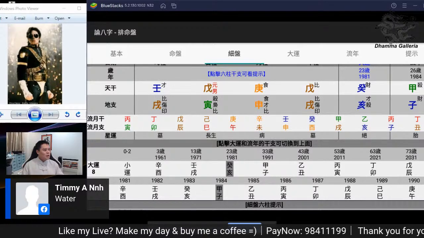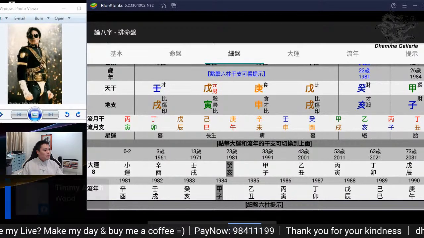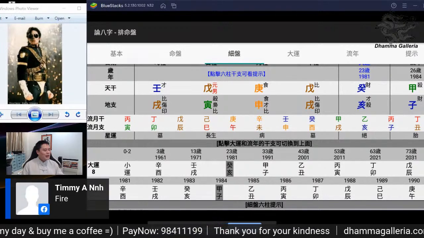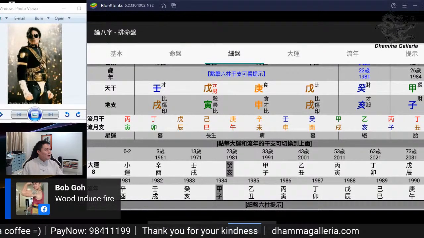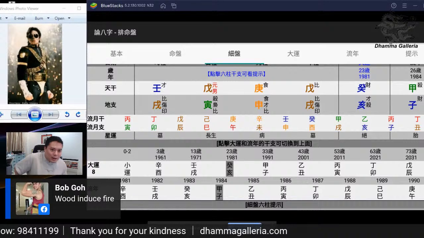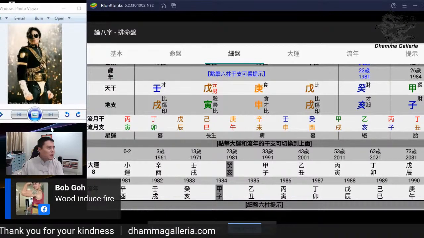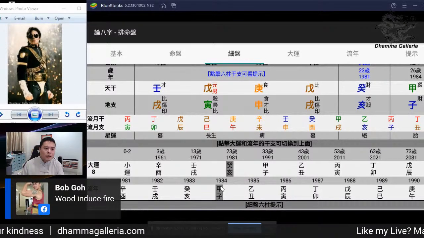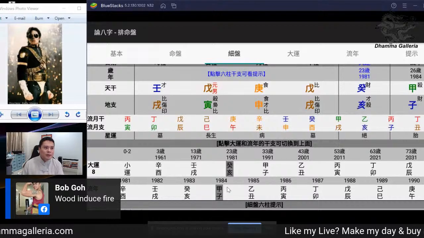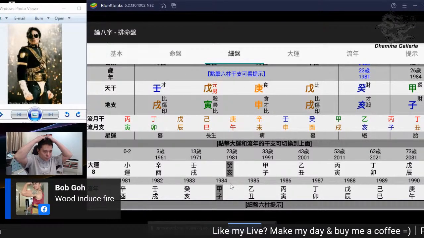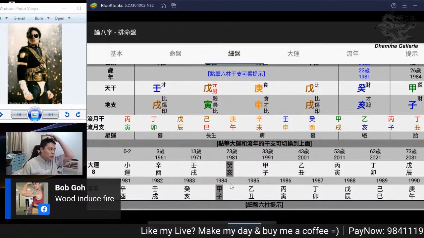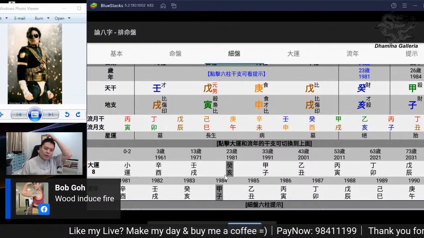Okay, so let me show. Yeah, even Bob is able to answer. Very good, Bob. Yeah. So it's very correct. Wood induces fire. 所以呢，你看，就1984年呢，in the year 1984，what happened to Michael Jackson？我们头发是什么？是那个木来的，是一个木的元素。Our hair is of the wood element.